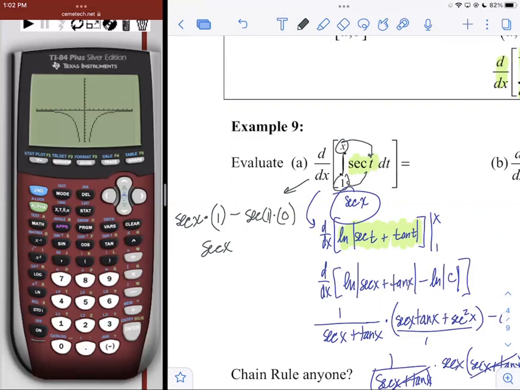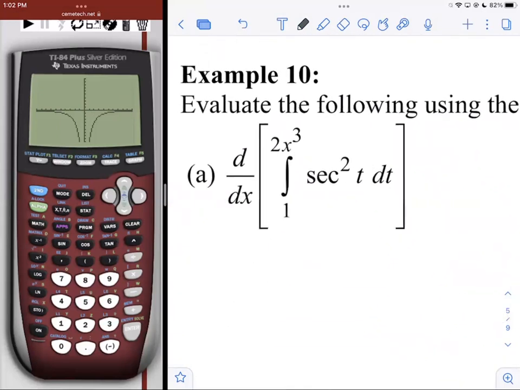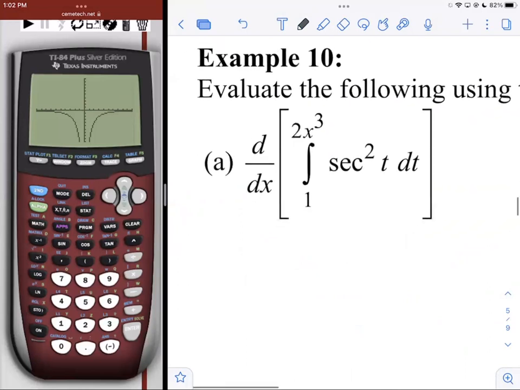So really, this becomes a special case of the general rule. If it's ever from a plain old number to a plain old x, the derivative of the integral is the plain old integrand. But let's try and squeeze one in here. Part A, 10a. The derivative with respect to x of the integral from 1 to not x, but to 2x cubed of secant squared of t. It's not going to be just secant squared of x, but that would be a great answer choice.